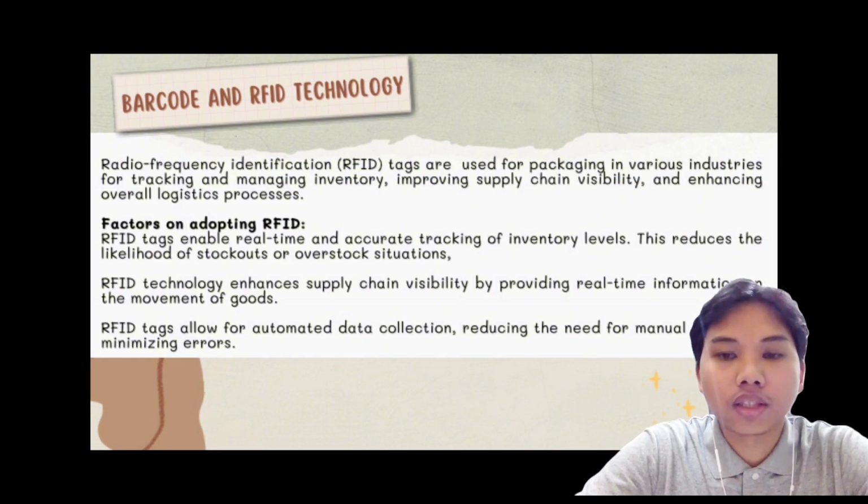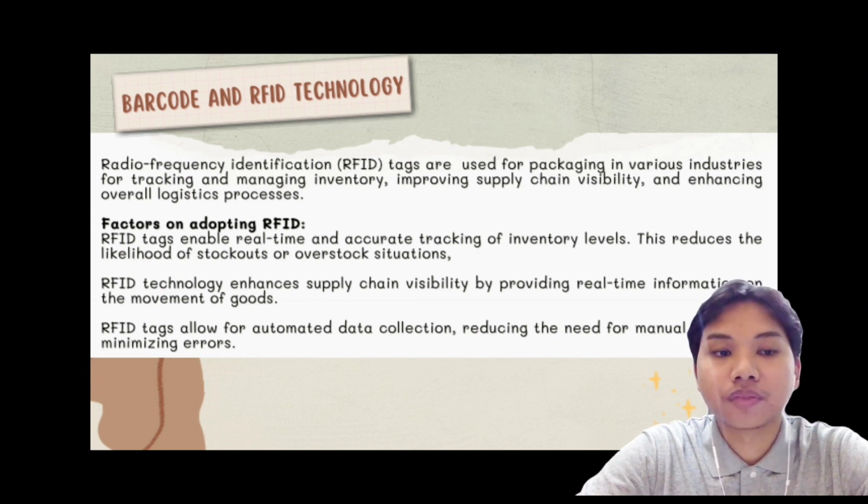Alright, so for the next point, I will show you the enabling factors on why warehouses should adopt RFID. RFID tags enable real-time and accurate tracking of inventory levels. Eventually, it will help the inventory manager have an idea of when is the suitable time to restock their inventory.